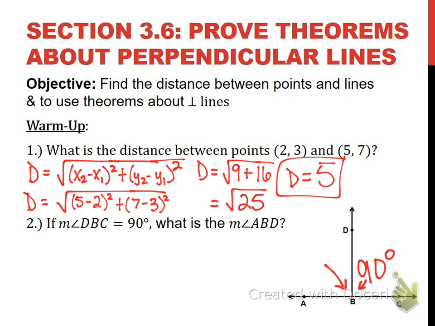It would also be 90 degrees because those form a linear pair. Okay, they're supplementary. They form a linear pair. Questions, concerns? Need more time on the warm-ups? Okay, we'll keep it moving.